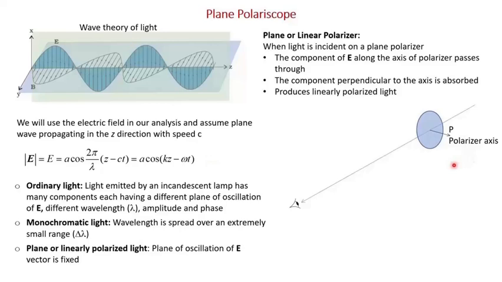So when ordinary light is incident on a plane polarizer, the component of the electric field along the axis of the polarizer passes through the polarizer. The component perpendicular to the axis gets absorbed. When light passes through a polarizer, it becomes linearly polarized.